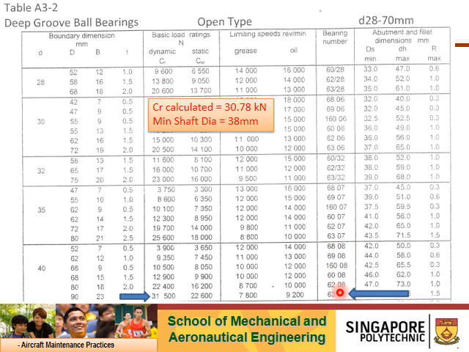The second digit tells you what type of duty the bearing can provide. In this case, our calculated CR is 30.78, and we choose 31.5 kilonewton. So 6308 is our answer. All right, the 6308 bearing suits our requirement.